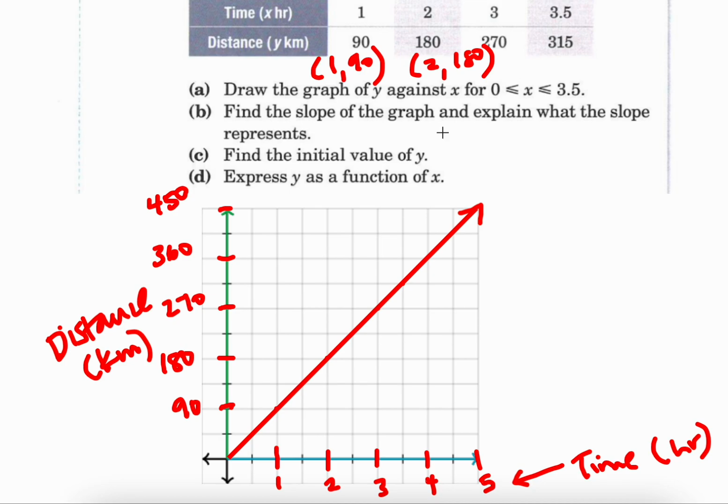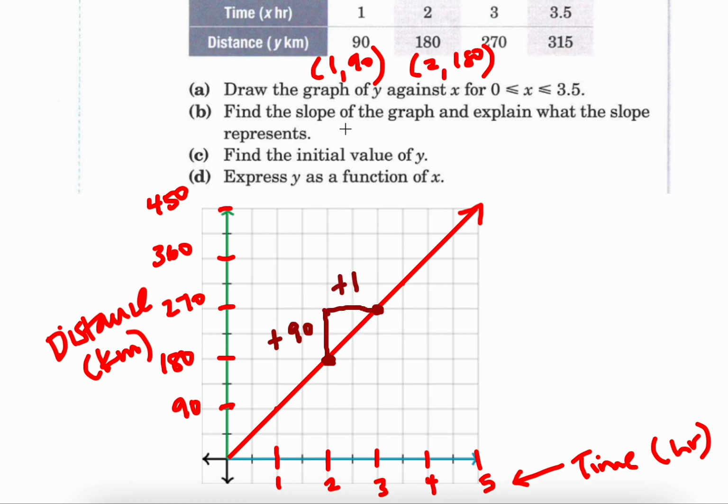Next we have to find the slope. Slope means you have to find 2 points and then figure out their rise over run. So here's a point, and here's a point. Let's use these 2 points. Let me draw the rise and run a little better. My rise is starting at 180 and going up to 270, so it's going up 90, and going from 2 to 3 adds 1.